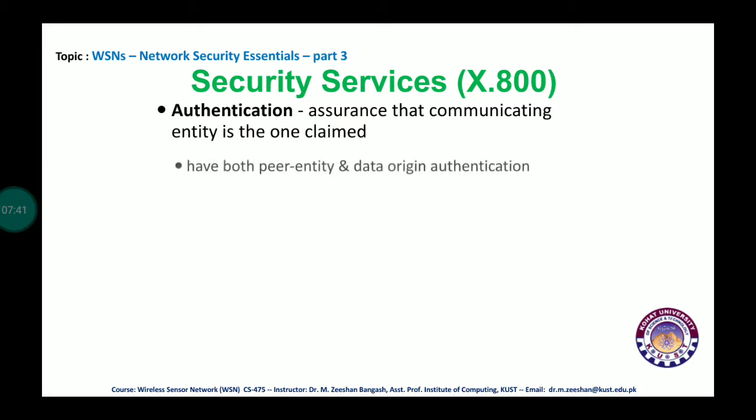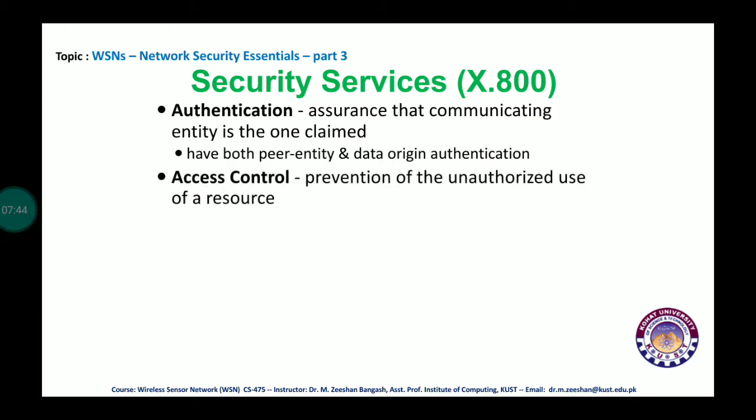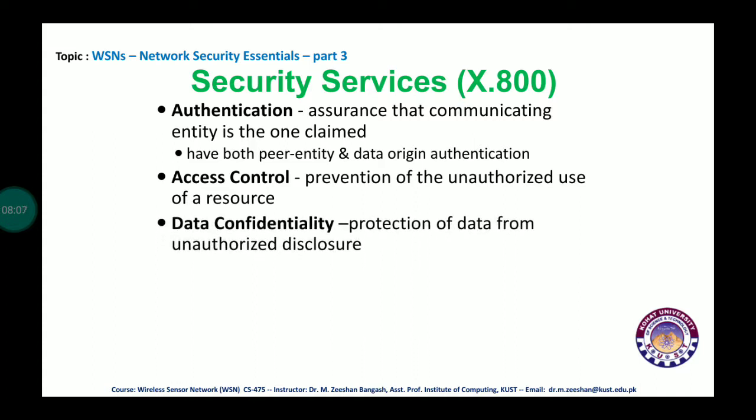The second one, which we have already discussed, is access control. It is basically the ability to limit and control access to host systems and to applications through some communication link. It is the prevention of unauthorized use of resources. The third is data confidentiality, the protection of transmitted data from attacks, passive attacks particularly, and the protection of traffic flow from analysis.